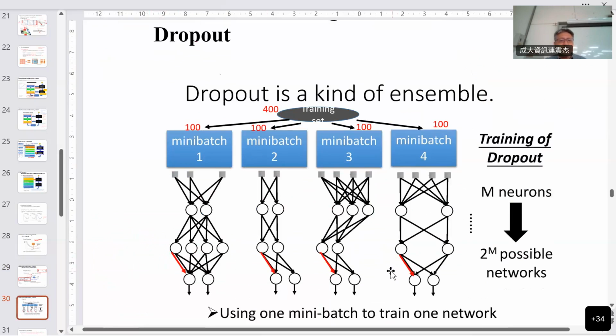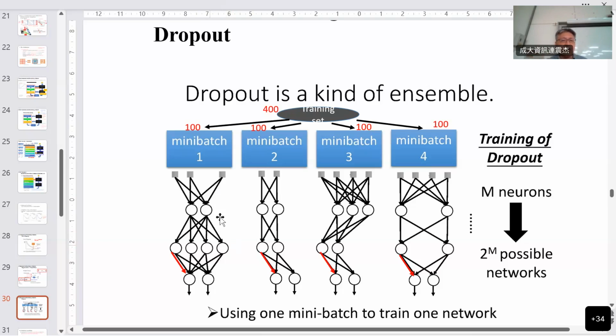Dropout means for each iteration you only pick 50% of the cells for training, and the others you just drop out. Drop doesn't mean really throwing them away; it keeps the value unchanged. This iteration you won't count that one, but each W value is still there.